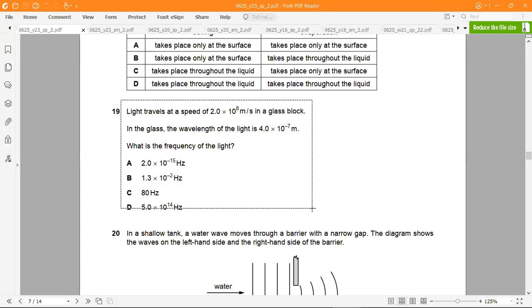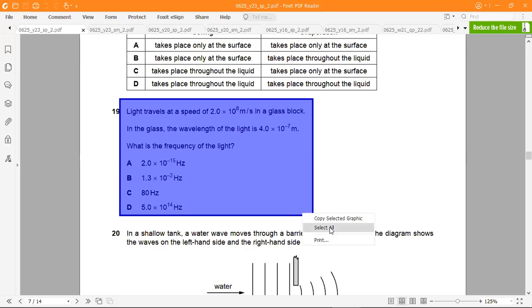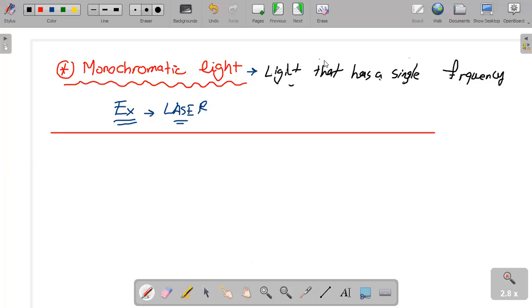So let's apply now. Can you see the screen now? The board now? Okay. Let's put the question here.